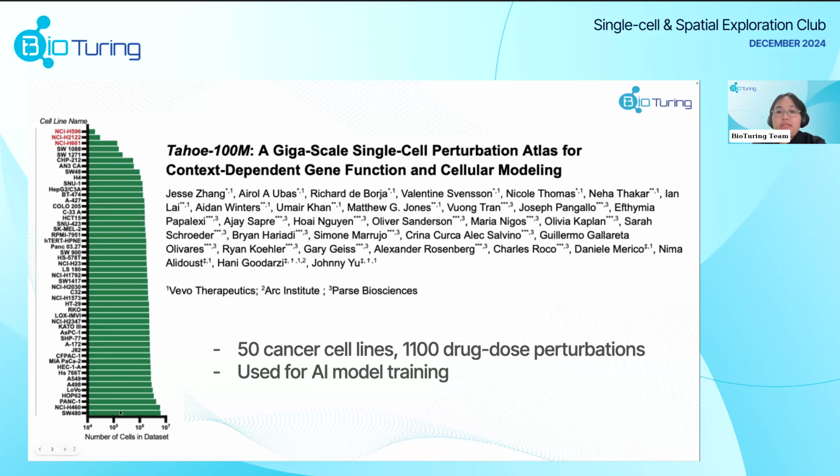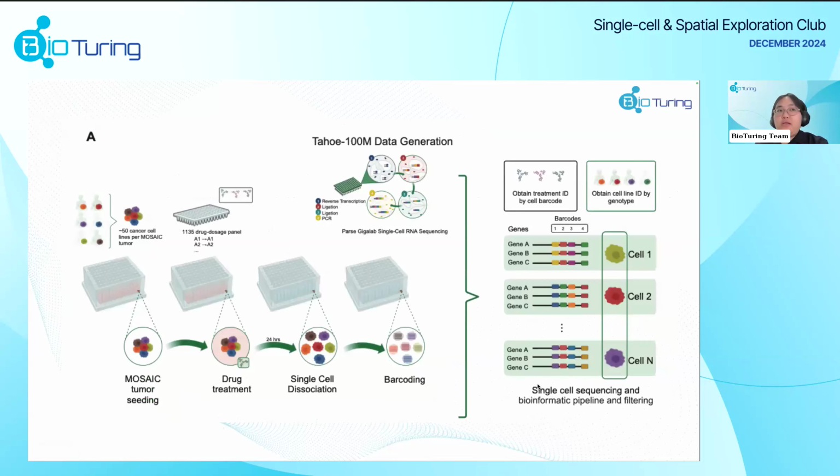And also because of its scale and diversity, it is ideally suited for training robust AI models in systems biology. And this has some potential to advance our ability to predict and to manipulate cellular behaviors. And also, beyond the basic research, this dataset also offers very valuable insights for cancer drug discovery.